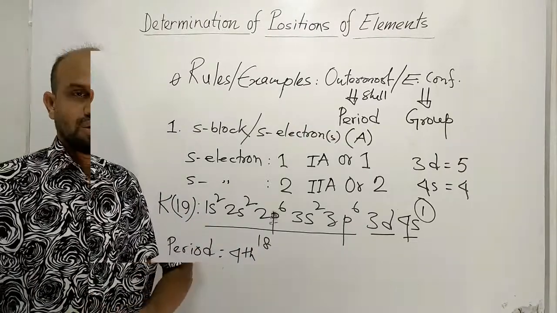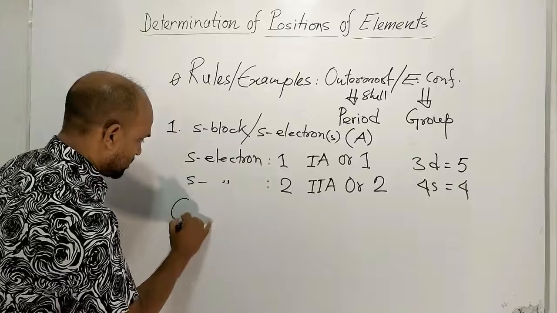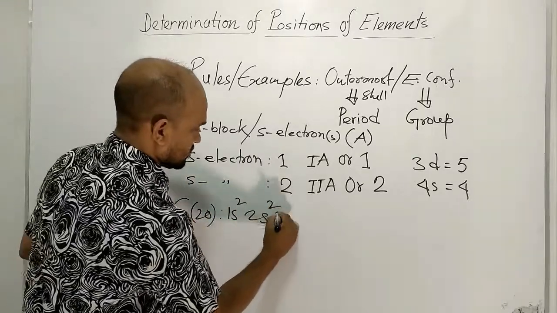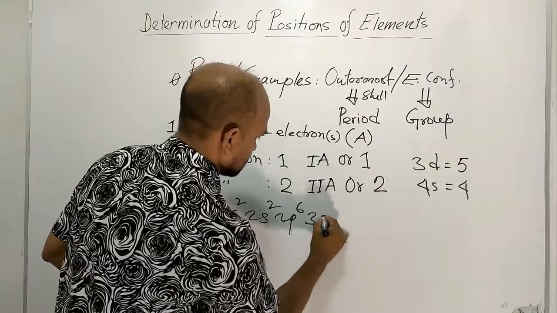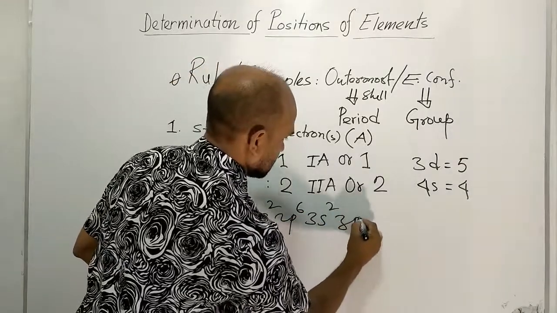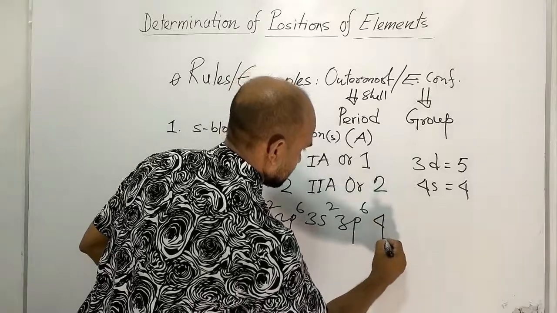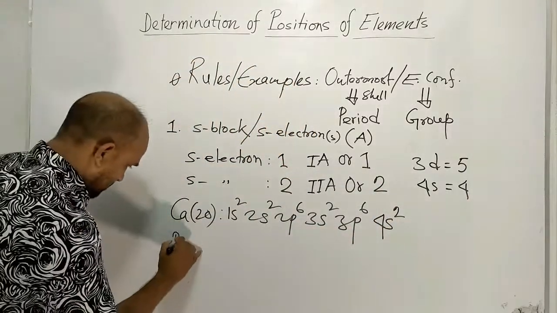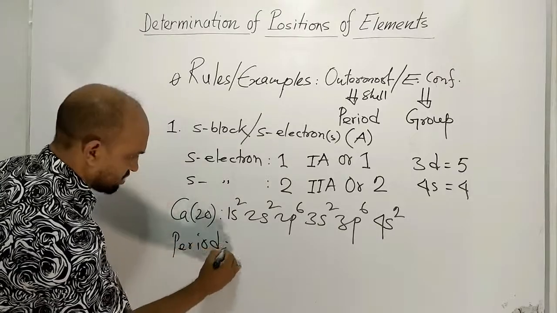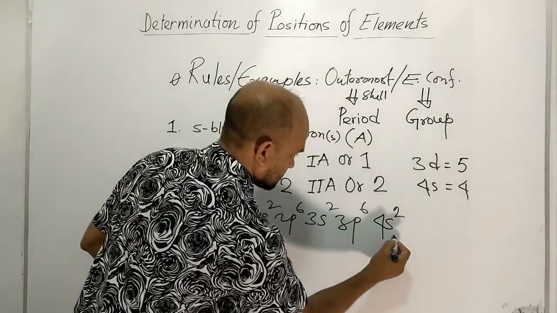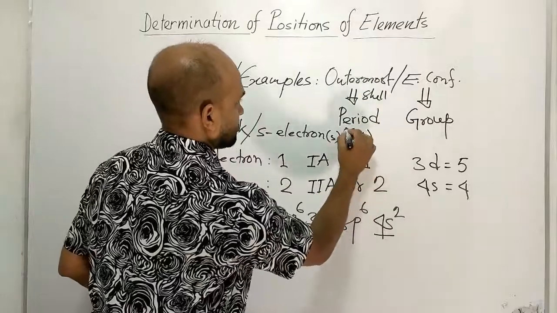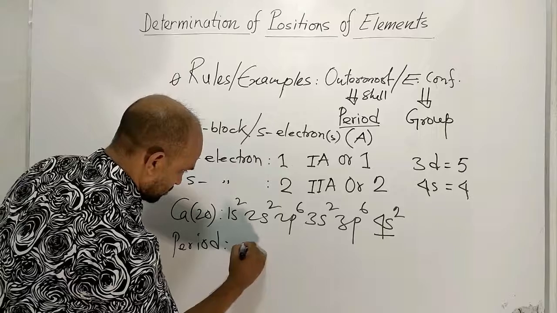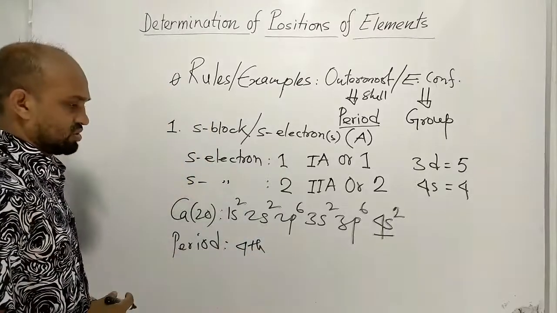Let's see another example. Calcium 20: 1s2, 2s2, 2p6, 3s2, 3p6 and 4s2. The period of calcium: the last shell is the 4th shell, and the outermost shell determines the period. So it belongs to the 4th period.